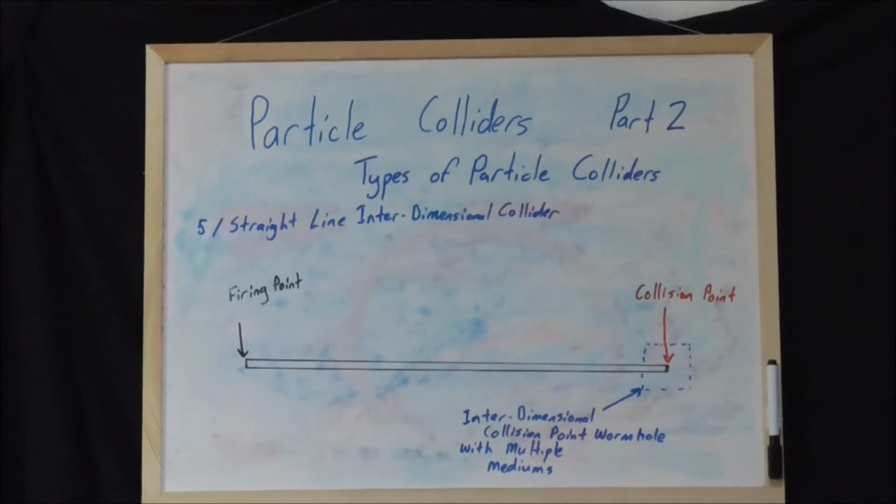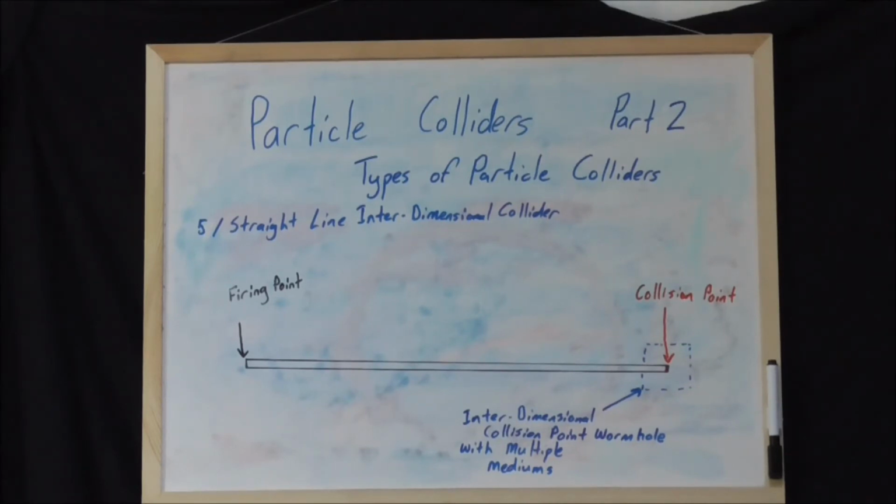And what you have is a firing point at one end, like the straight line. At the other end, you have an interdimensional collision point wormhole with multiple mediums for the collision. So this kind of collider is in a dimension bigger than this universe. The length of the collider is longer than the length of this universe's dimension, and the collision point is interdimensional.